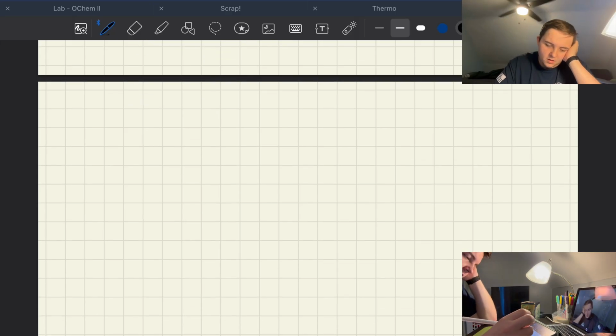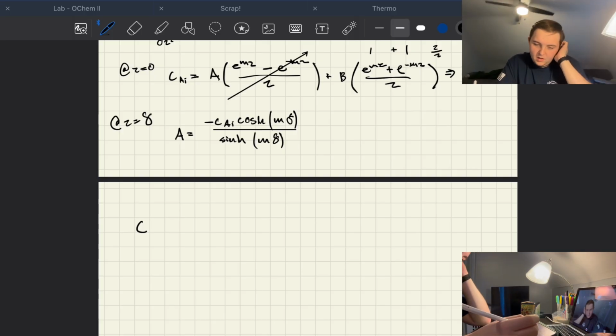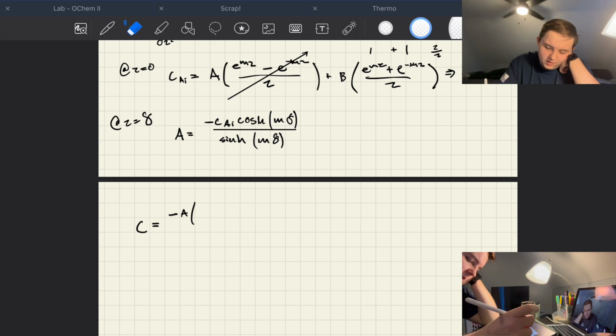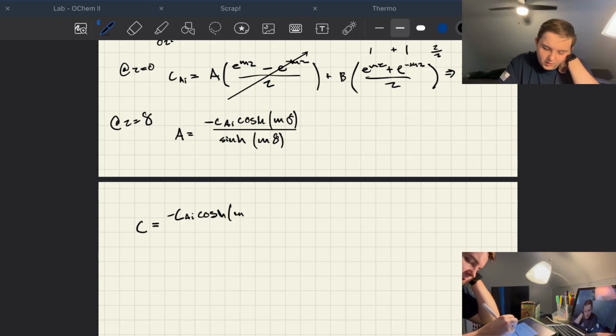So this is going to be a lot. So we're going to have C equal to negative CAI, cosine H M gamma.